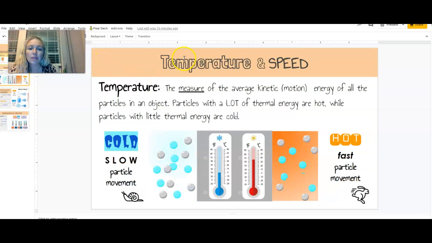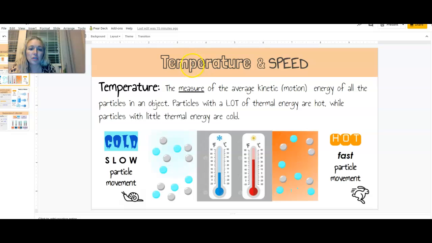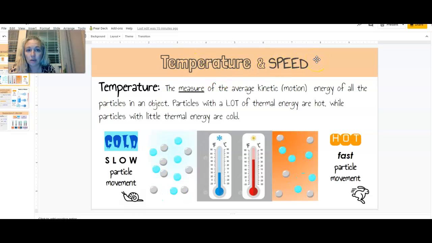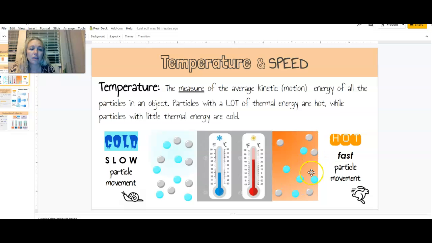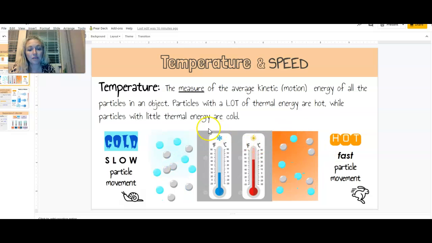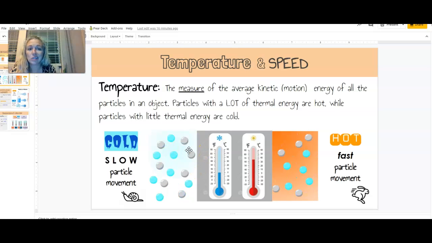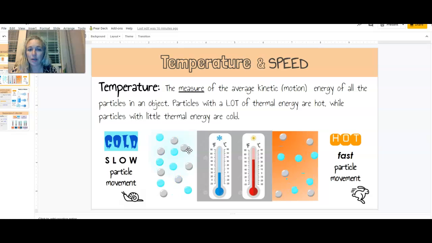So the first thing that we're going to look at with thermal energy is temperature's relationship to the speed of the particles in a substance. So if something is hot, then the particles are moving really fast, and if it's cold, they're moving really slow. They're not completely stopped unless they're at a temperature called absolute zero, which you'll learn about a long time from now.